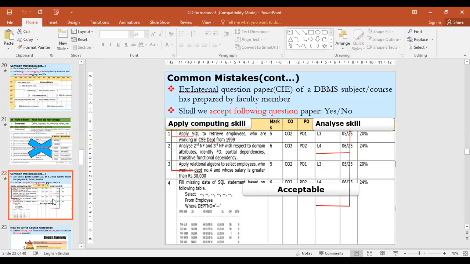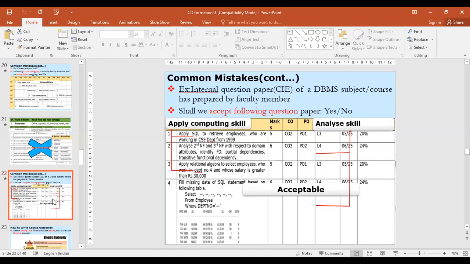It is a problem. For example, if you're writing any CO based on the understanding level, like from a security point of view, then you can map it with PO6. So those are at remember and understand level, so to which PO is it mapped?